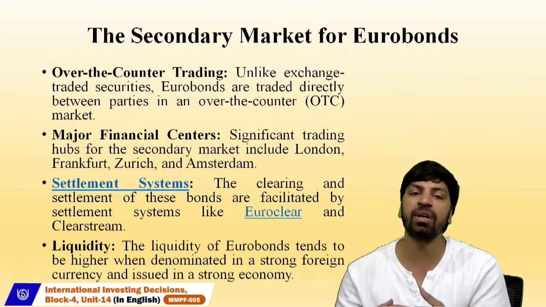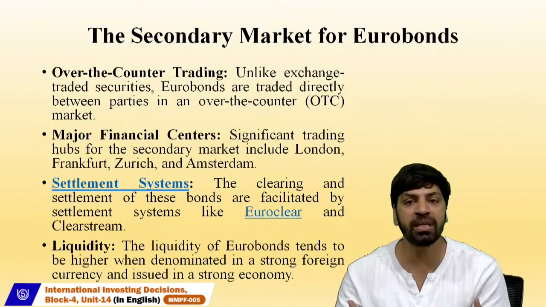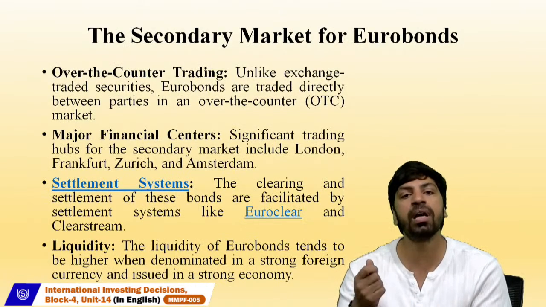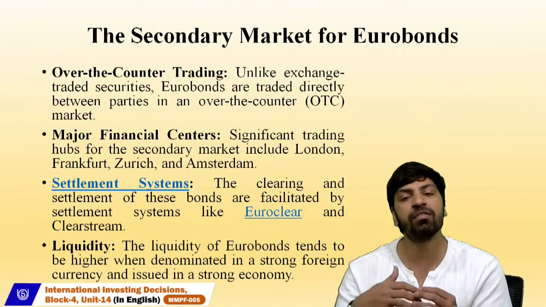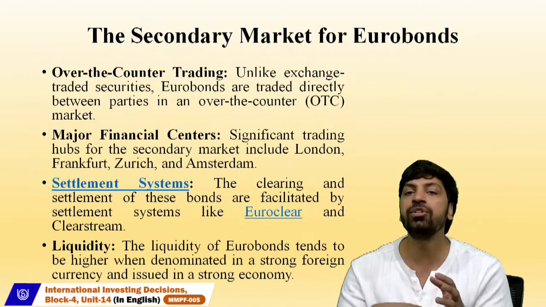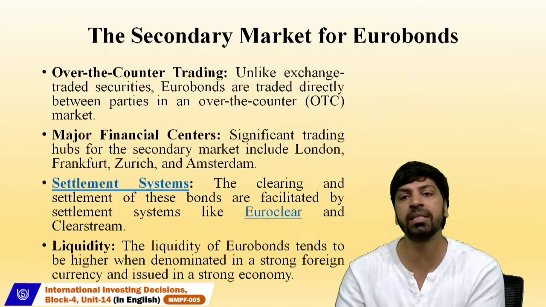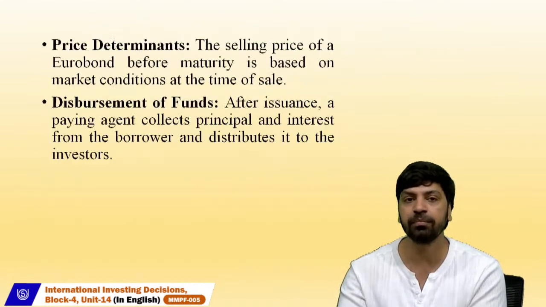Let's say, if we talk about the US, the Eurobonds are more liquid because of their strong currency and strong economy. So this is how the Eurobond works in the secondary market based on these factors.